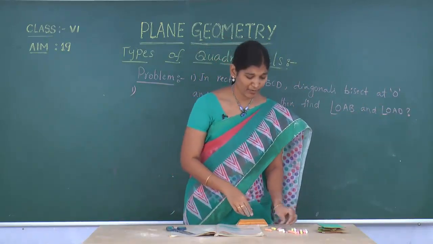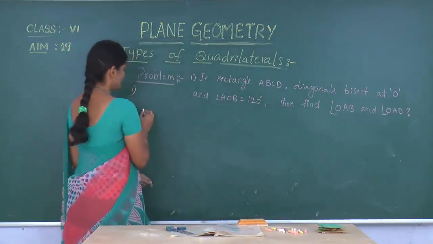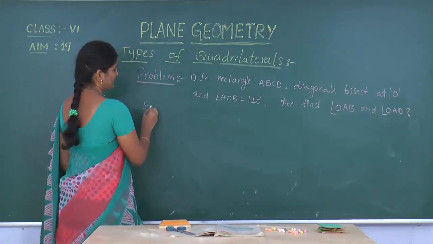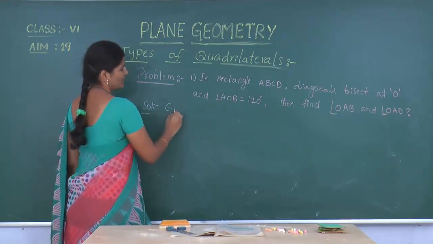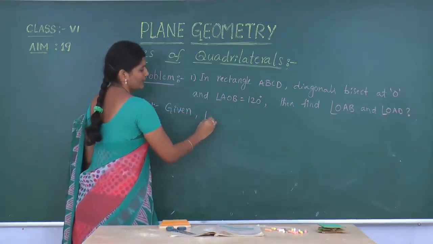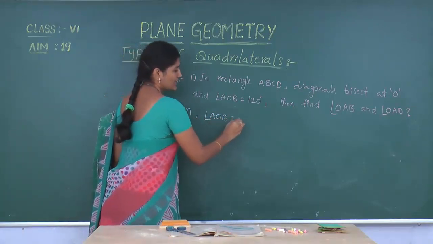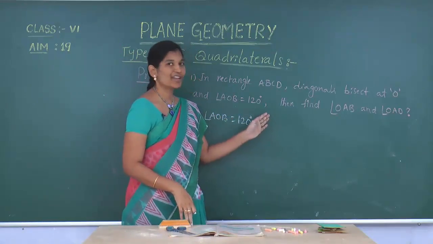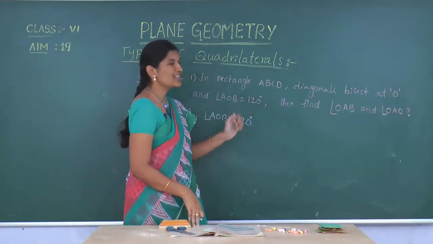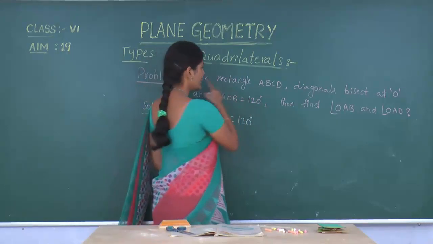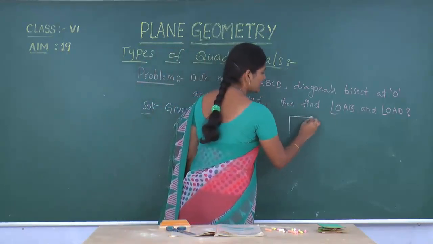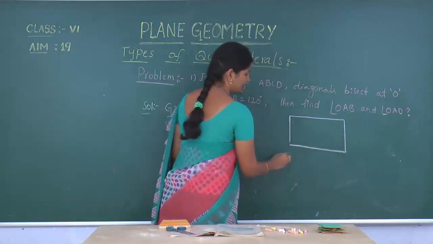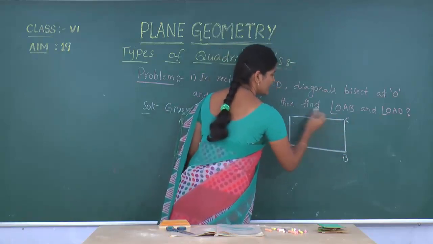Okay, let me solve this problem. First of all, what is given? Given that angle AOB is equal to 120 degrees. For better understanding, let me draw the figure using this information. Here it is a rectangle. Rectangle means like this only, no? Yes, this is rectangle ABCD.